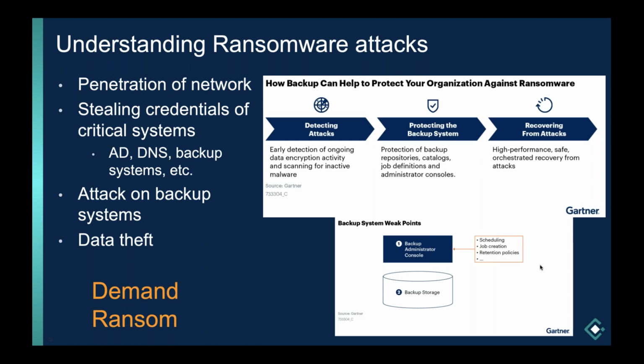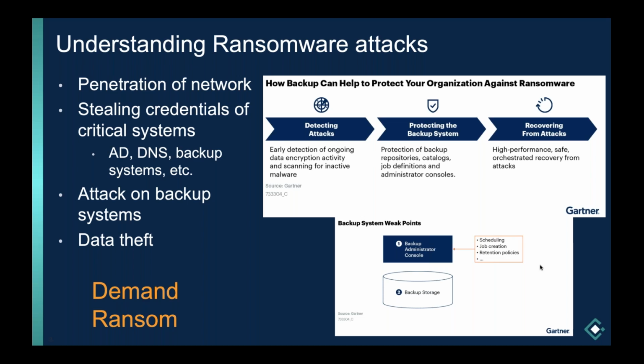That's critical, right? So if you plot the data points here, penetration of the network and attacks are happening every day, whether you believe it or not. However we try to protect, it's just impossible for us to protect everything, right? But we can protect our critical systems, including the backup system, and plan for fast recoveries.